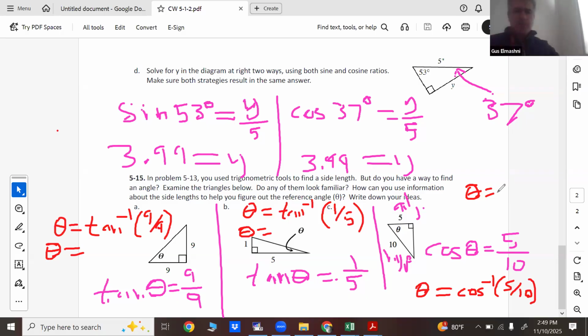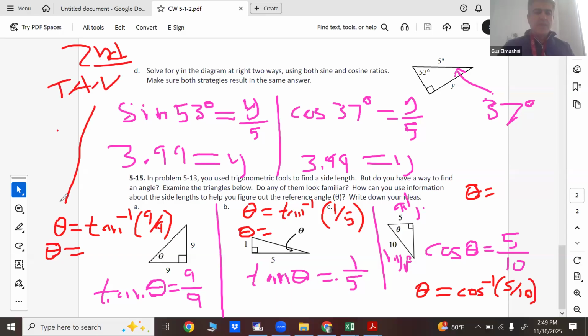Hit the second button, but we talked about this already. Like in this case, we'll hit second tan for this and this. Here I have to hit second cosine for part C. And that's going to get you the inverse trig. So we just do this 3 times and we're good.